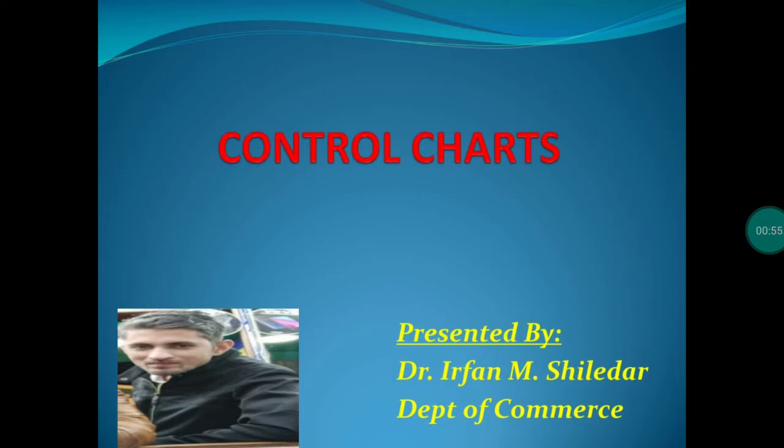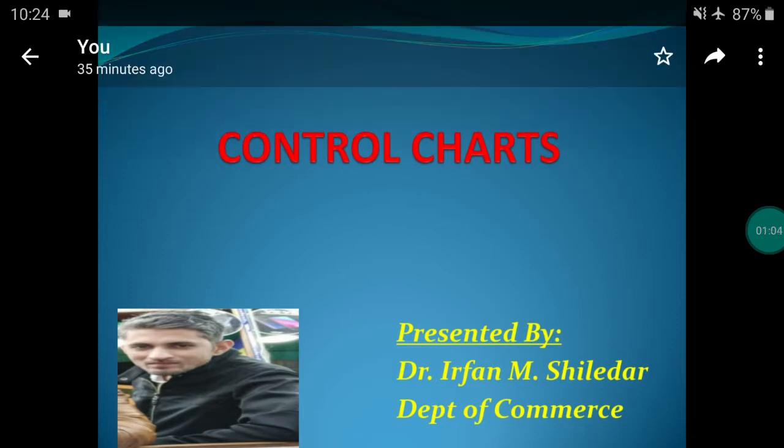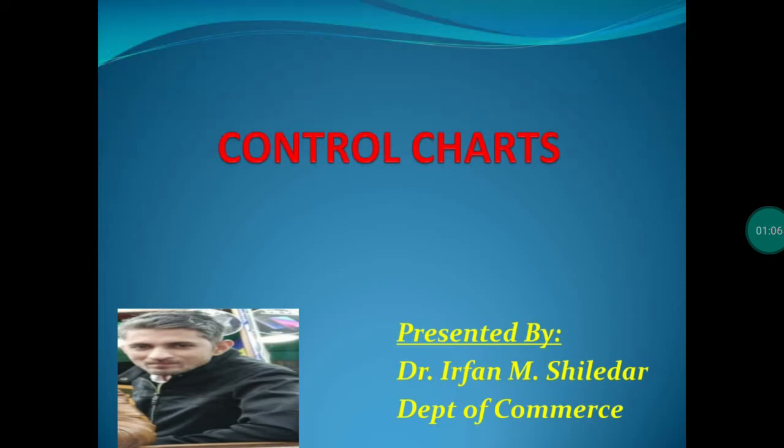What do you mean by control? Control means here, if more expenses occur, maybe at that time the firm goes into loss. That's why we should concentrate on the control.